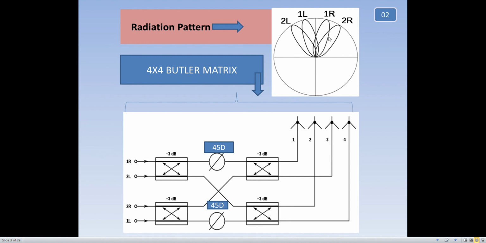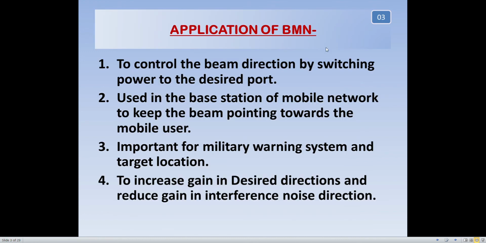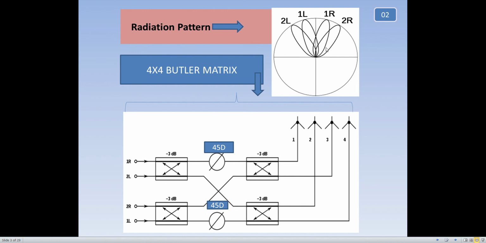The progressive phase difference between them should be orthogonal. If we are achieving plus 45 degrees, then the other will be at minus 45 degrees, and similarly if the first one is at 45 degrees, then the other one will be at 135 degrees. So here we are focusing on plus minus 45 degrees and plus minus 135 degrees, so that the orthogonality is maintained.